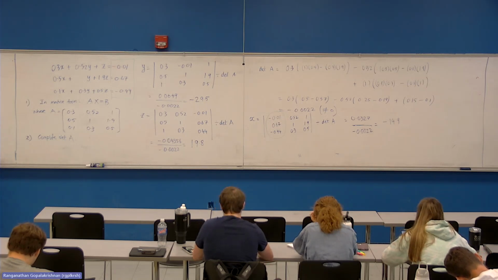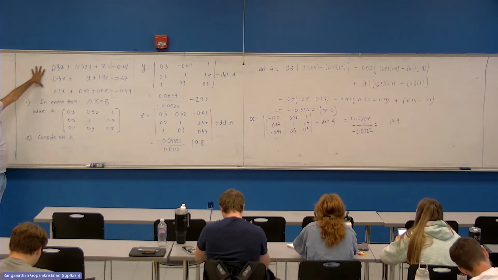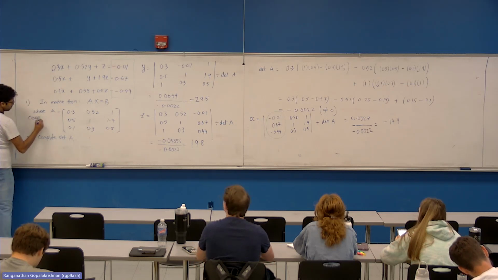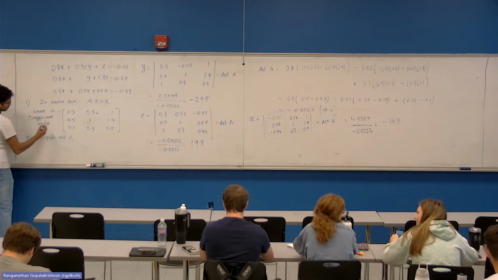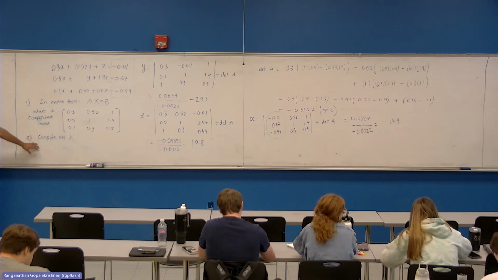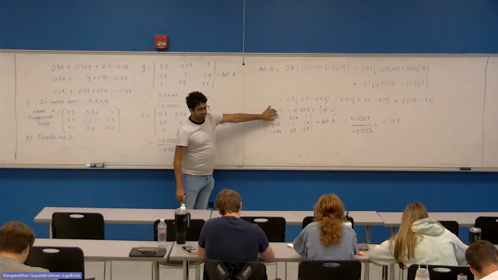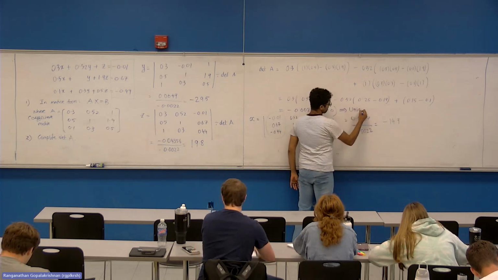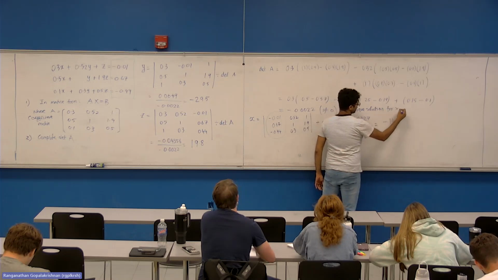So to summarize and wrap up this section, write down the system of equations in matrix form. Step 1, get the coefficient matrix A. Step 2, compute the determinant of A, ensure that it is not zero. If it is not zero, that implies there is a unique solution for x, y, and z.